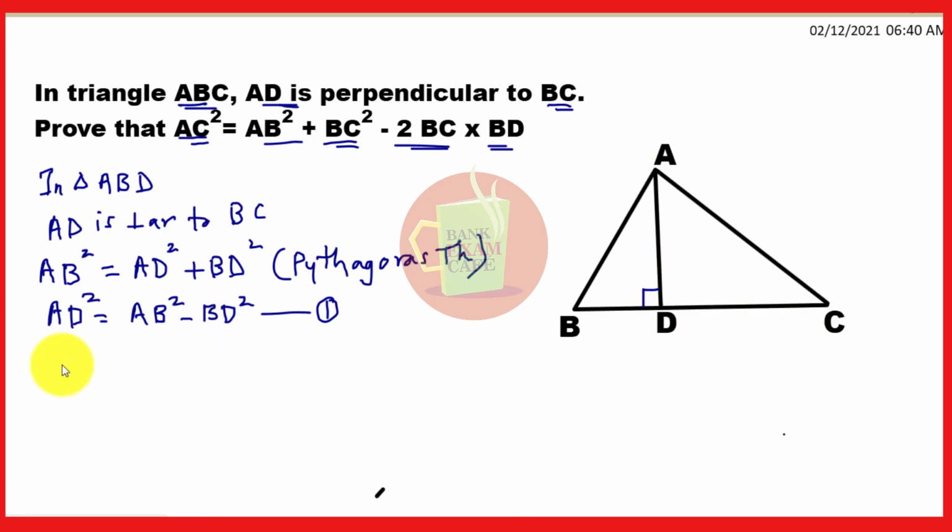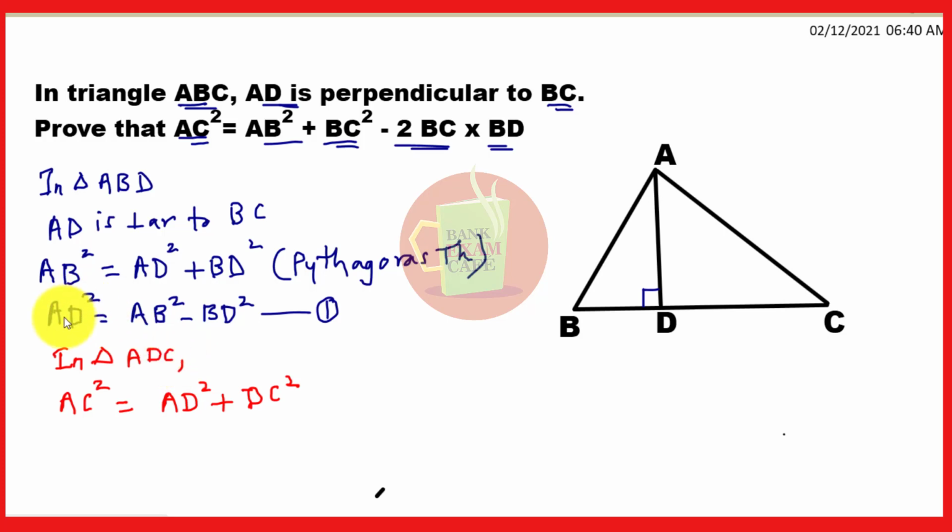In this triangle, AC is the hypotenuse, so AC square is equal to the sum of the squares of the other two sides, that is AD square plus DC square.